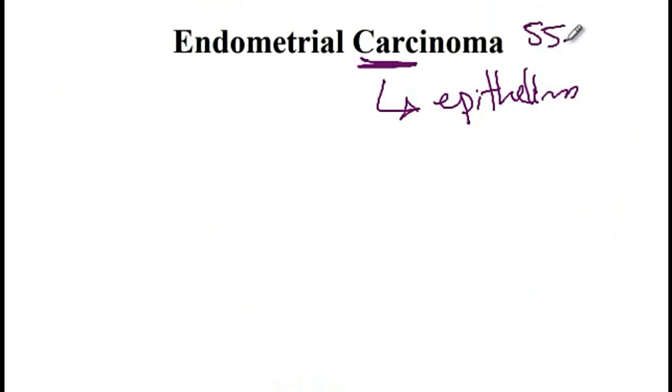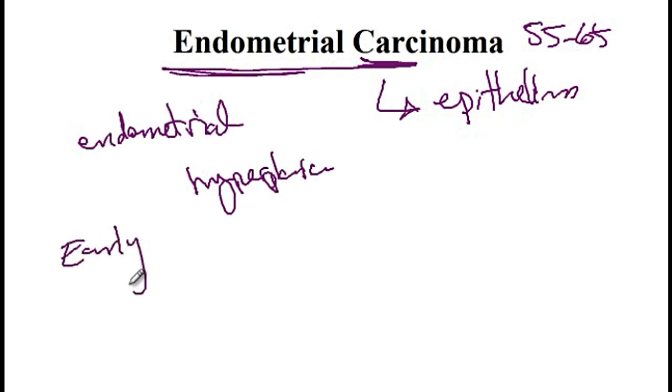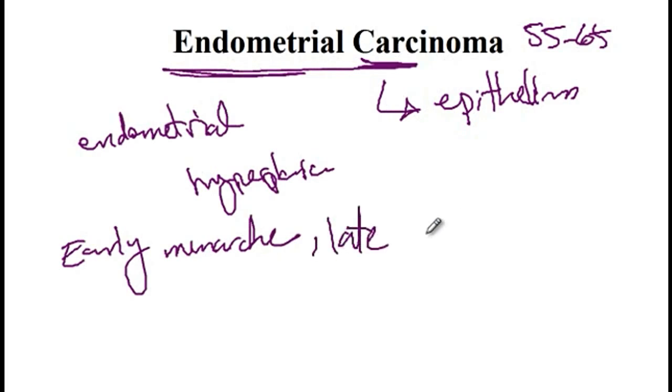So given the terminology shown here, carcinoma, this is arising from the epithelium. And it's more common within the age range of 55 to 65, and it's usually preceded by endometrial hyperplasia. Risk factors for the development of endometrial carcinoma include early menarche and late menopause.